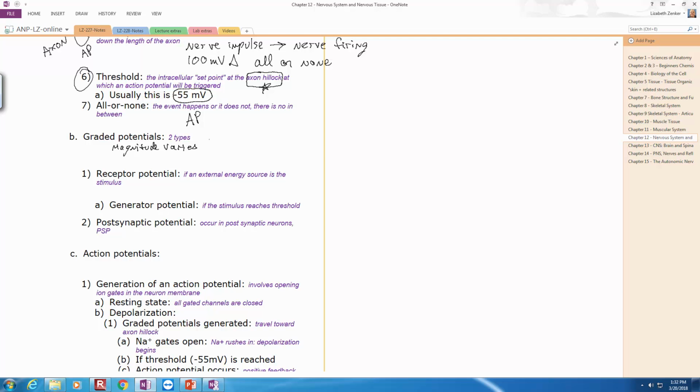Okay, so again, graded potentials, these are small. These are not full action potentials. If you get enough graded potentials, you can potentially then get an action potential, okay? So a receptor potential: if an external energy source is the stimulus, you get a receptor potential. So what we're talking about here is these are sensory, right?